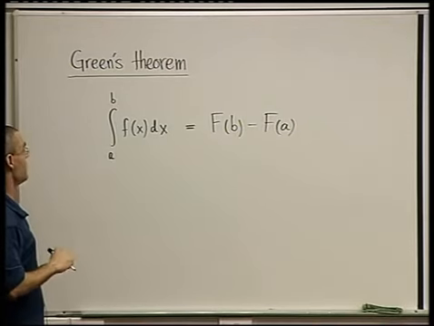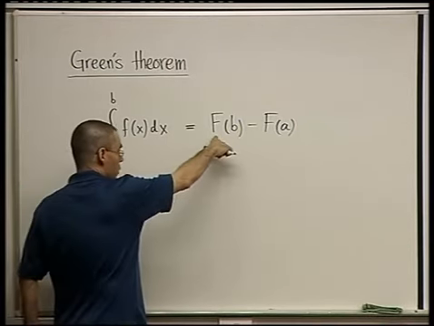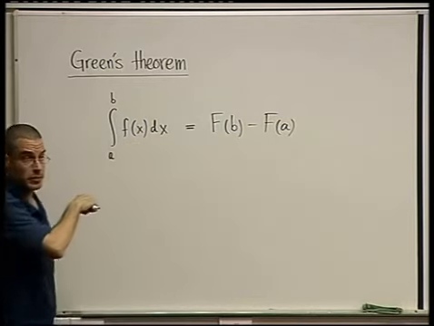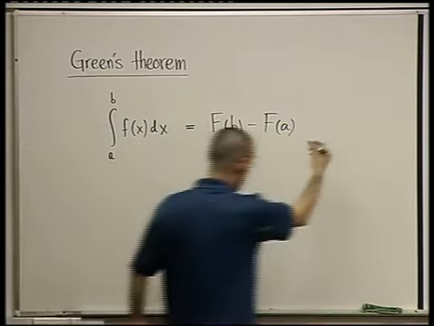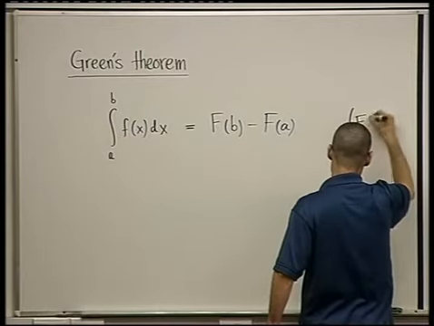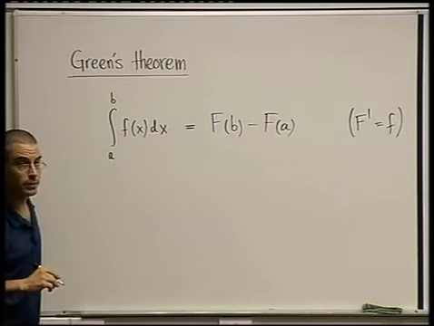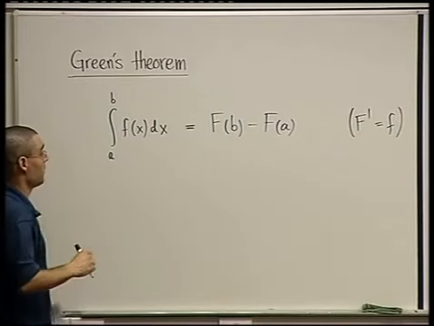The statement is, capital F is a function. Little f is the derivative, right? This is true when the derivative of F equals f. That's when this theorem holds. Otherwise, it's nonsense.